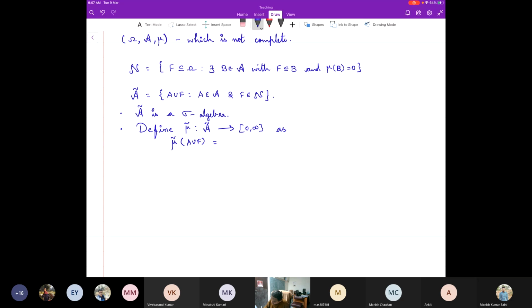Not only that this is a sigma algebra, and A is contained in A tilde. The way we have defined it tells us that A is contained in A tilde. What is the property that we expect from this mu tilde?